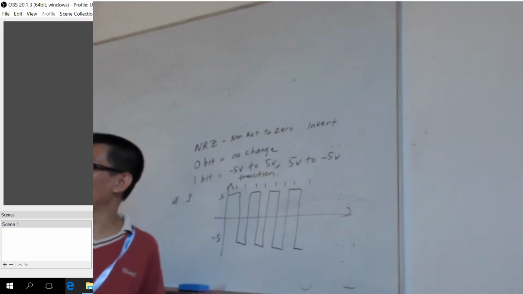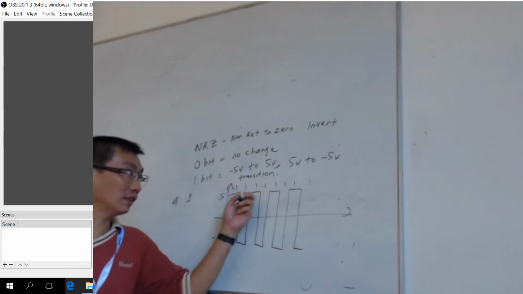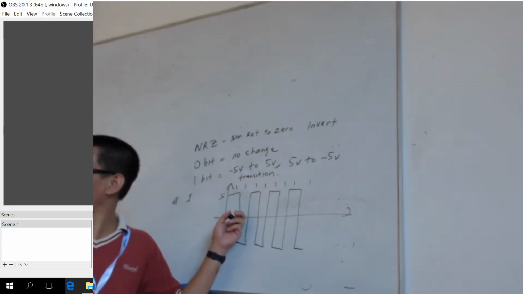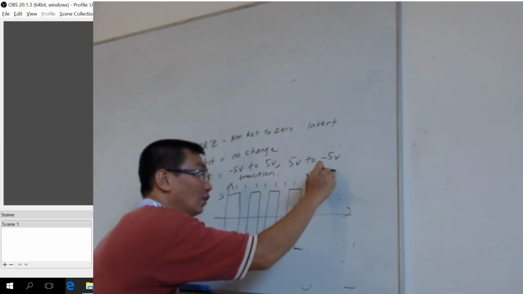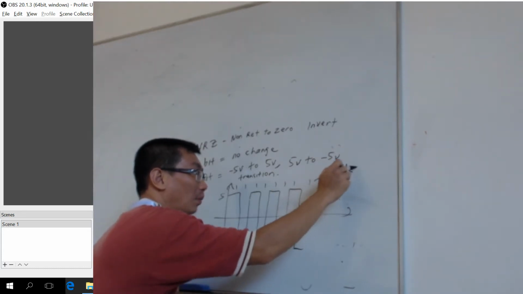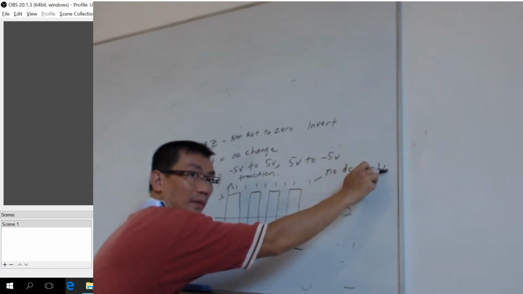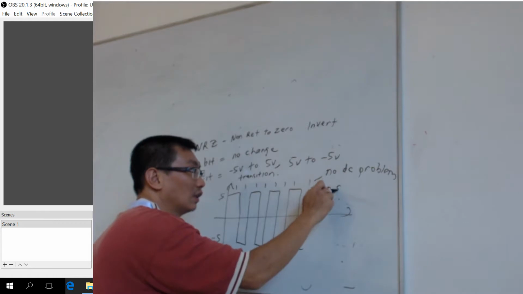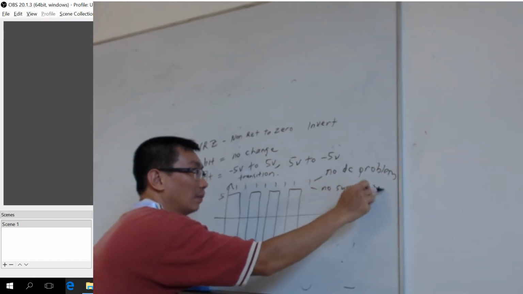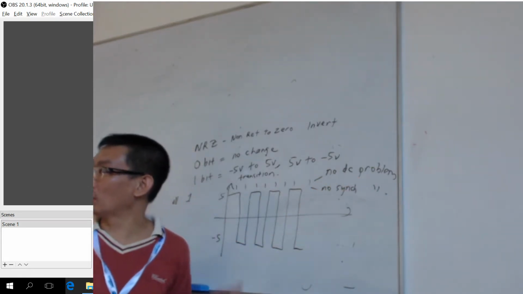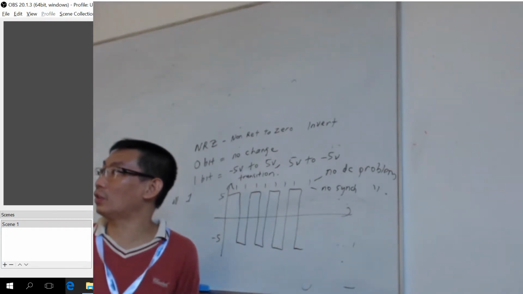Okay, so if you send all ones, you've got transitions in it, so there is no DC problem and no synchronization problem. Okay, if you send all 1s, what happens if you send all 0s?